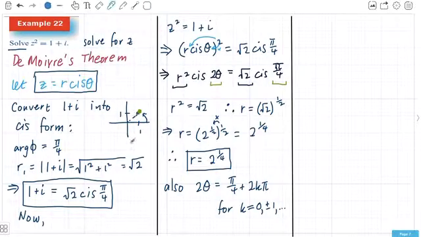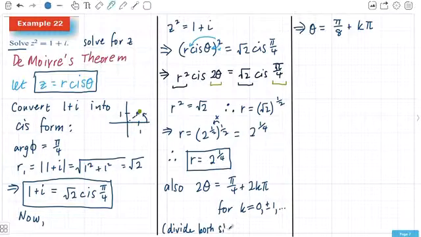So we're going to solve this now. We have theta equals, divide both sides by 2, so theta equals pi over 8, plus k pi divided by 2. And now what we need to do is actually find our different angles.